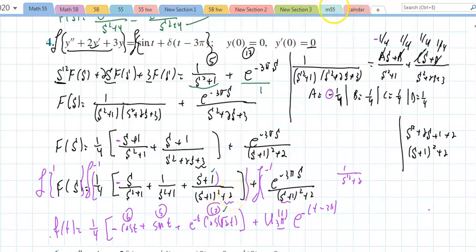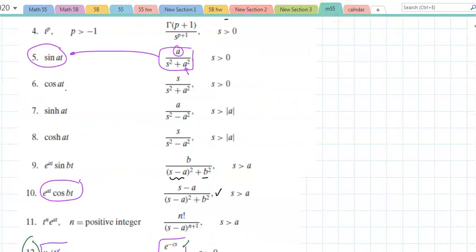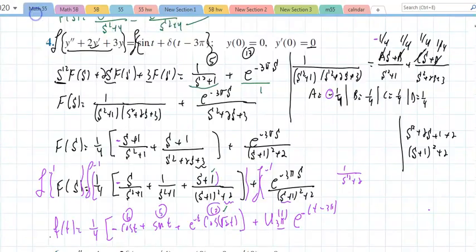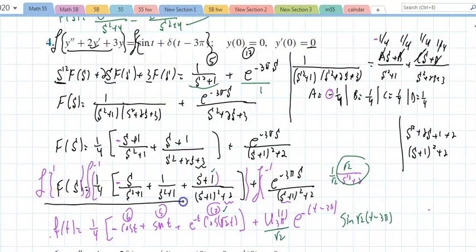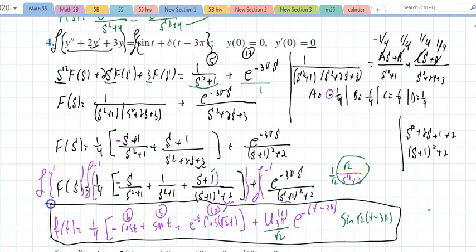But if you look closely at number 5, number 5 requires, what do you square to get the 2? Radical 2. You need to multiply by radical 2 top and bottom. And that gives you the sine. It should be of radical 2t, but it's going to be t minus 3 pi because of the shift. Okay, now it's a lot better. Wow. Sorry about that. Hopefully that didn't confuse you a lot. And if it did, we could talk about it in our discussion, right?